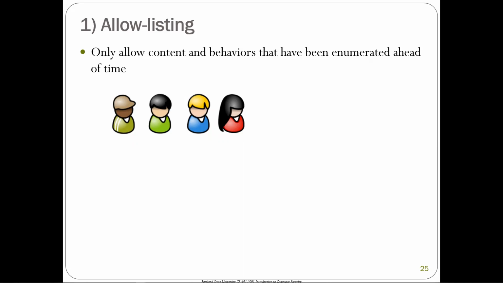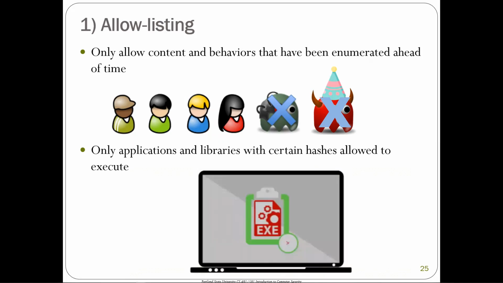You allow these particular good programs to run, and then anything that is not on the list, like these two things, you would just say, I'm going to block that. You're getting all of this malicious content interleaved in with legitimate content, and anything that's not on this green clipboard is basically denied access.